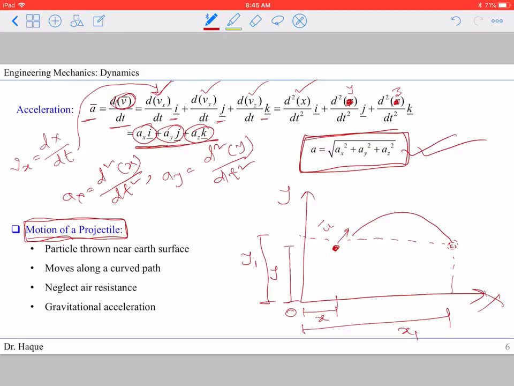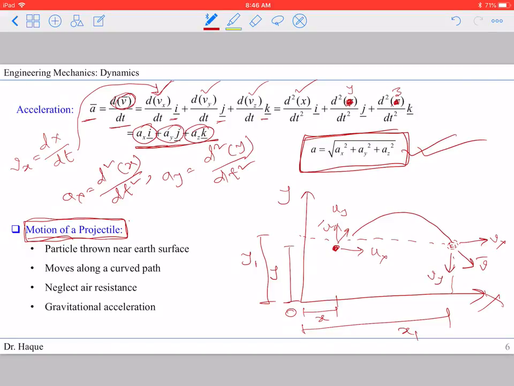We can see that this initial velocity u can have an x component, which I can say ux, and a y component, which is uy, and at this position it has the velocity v, which is in vector form. It also has an x component vx and a y component vy.